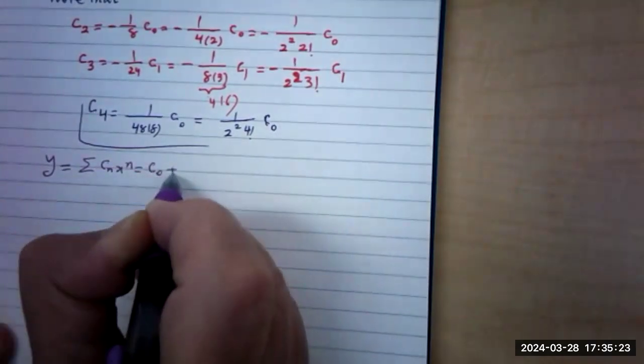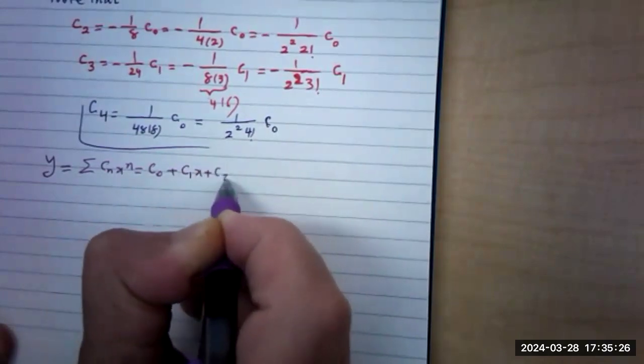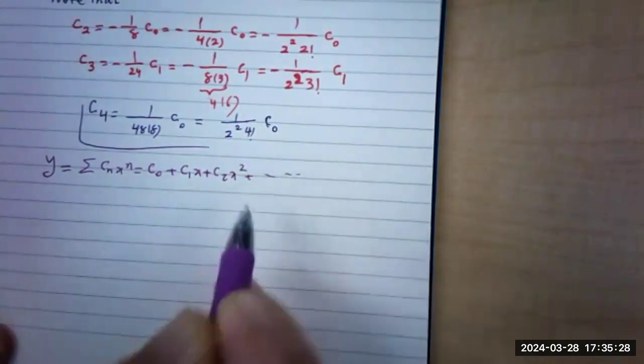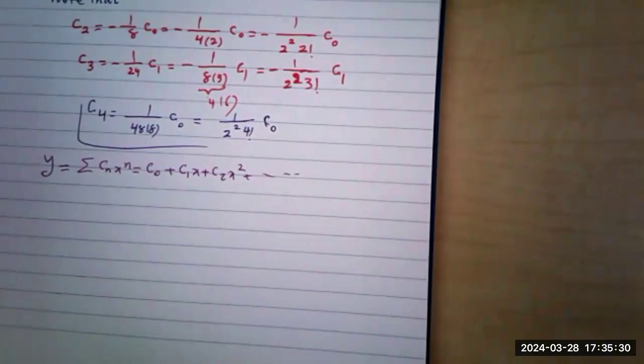This is C0 plus C1x, C2x squared, etc. 4 factorial is 24, and that was 24 times 8. We just arrange it. We get the hint from the previous part. So let's put them together to see if we can make something nice.